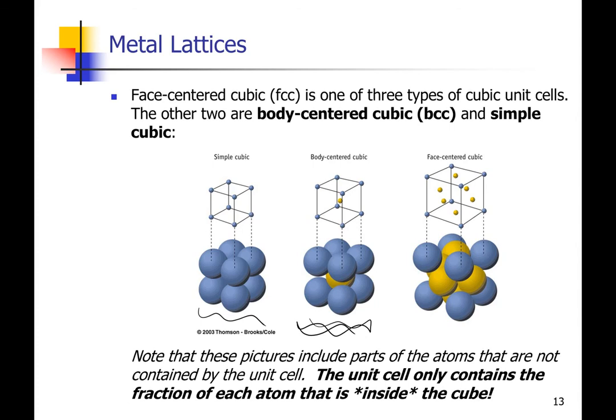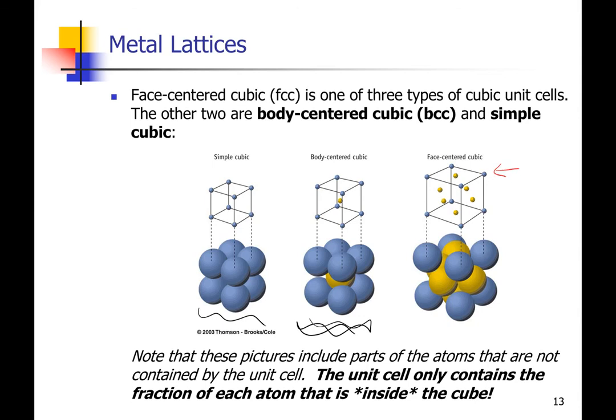Be aware that these pictures are potentially a little misleading about how much of each atom is actually inside the unit cell, because you're seeing the complete sphere for the atom on each corner of the cube, but each atom on the corner of the cube only has a tiny fraction of it actually inside the cube. Each of these atoms on the corner is in fact in 8 different cubes.